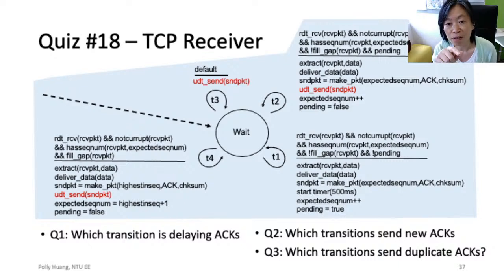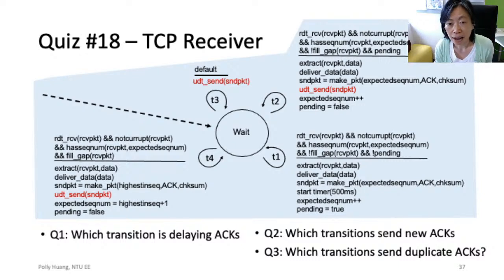But if you look a little closer at the make packet function, we are actually giving it the highest sequence number that has been observed, the highest sequence that is ACKed, for all the bytes arriving in order. After filling a gap, there could be some bytes that we already received out of order, but once we fill the gap, the ACK number we send out should go all the way to all the bytes that we received in order. So, the highest sequence number.